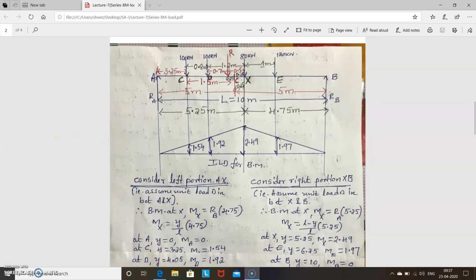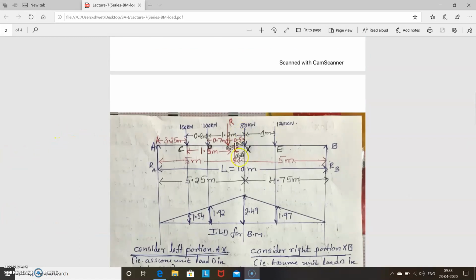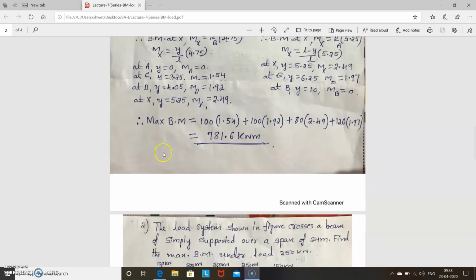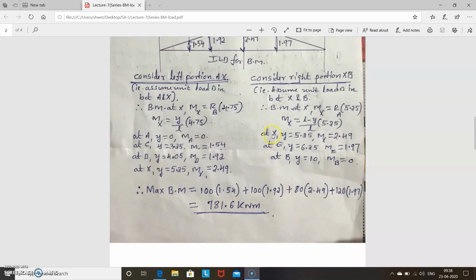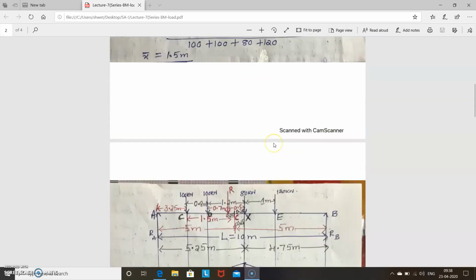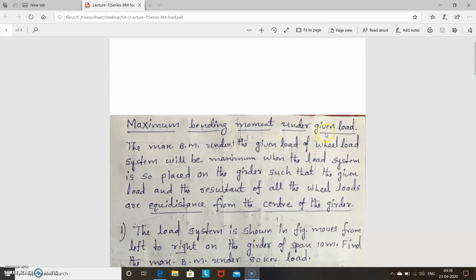Maximum bending moment is equal to 100 into 1.54 plus 100 into 1.92 plus 80 into 2.49 plus 120 into 1.97. So you get this answer. This is the maximum bending moment.